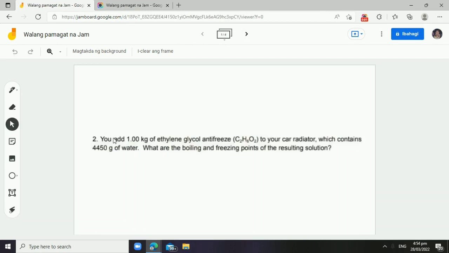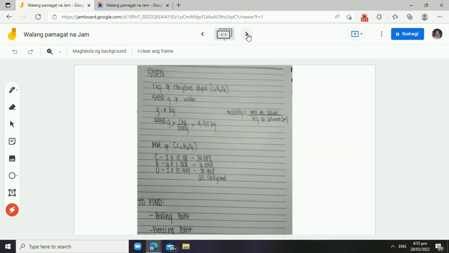For our second problem, we are given a scenario that if you add 1 kilogram of ethylene glycol antifreeze, C2H6O2, to your car radiator, which contains 4,450 grams of water, what are the boiling and freezing points of the resulting solutions? In this problem, we are given 1 kilogram of ethylene glycol, C2H6O2, and 4,450 grams of water, and we are to find the boiling point and freezing point.